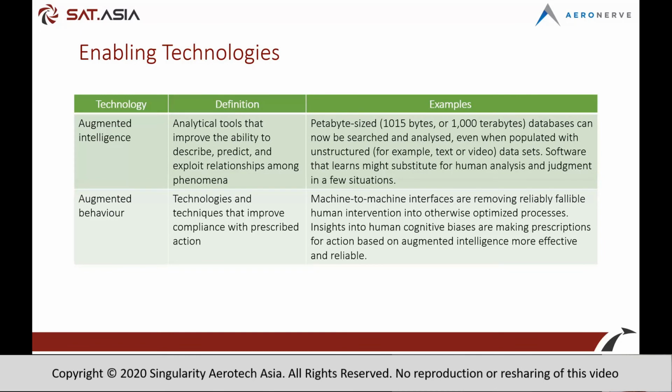Now we are dealing with really, really big data, petabyte size data, and we need to be able to sift through that data and analyze it, even populate it with unstructured data sets. So software that learns might be a substitute for human analysis and judgment in a few situations.